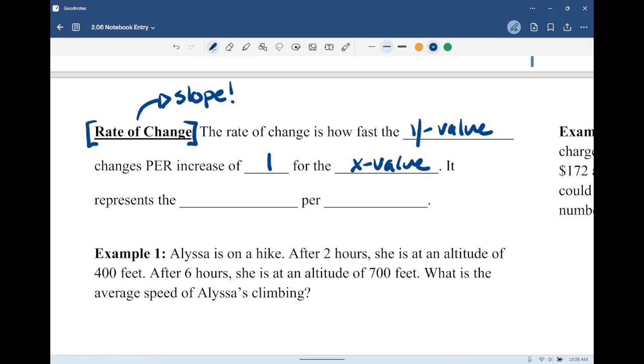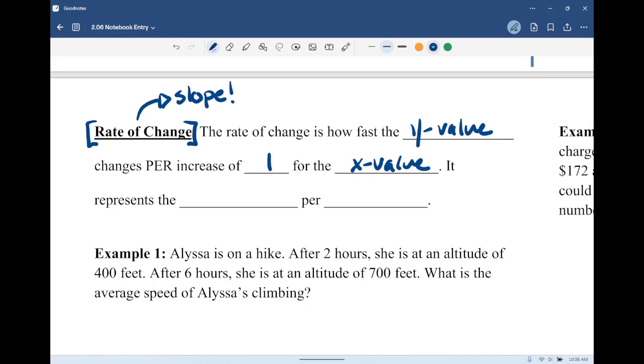This 1 is here because cost per 7 months doesn't give me useful information, right? We've worked with fruit before. We looked at the price of cherries. We had dollars per pound. Again, that's per 1 pound because going in knowing that cherries are $12 per 3 pounds, again, is just not super useful.